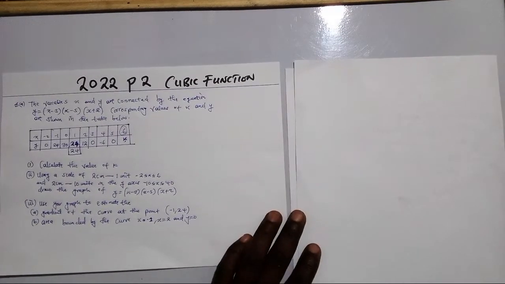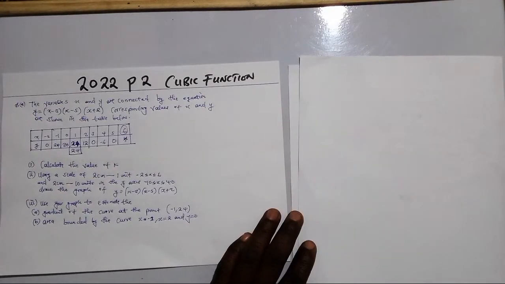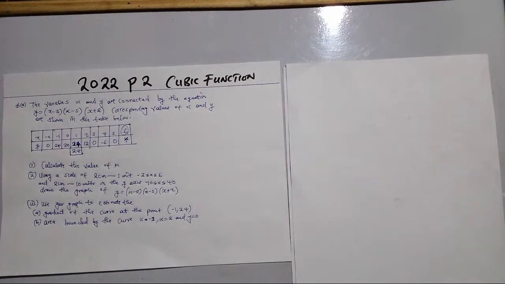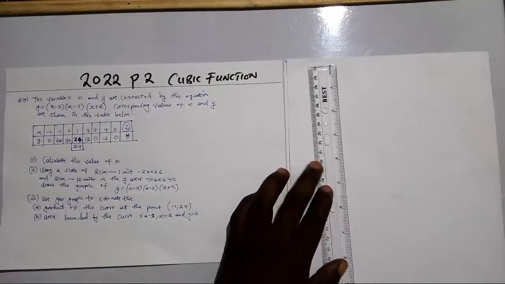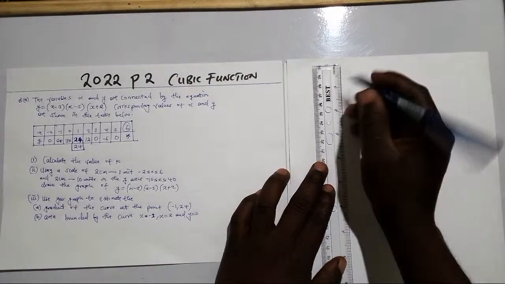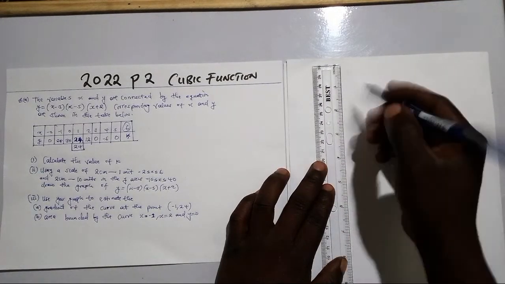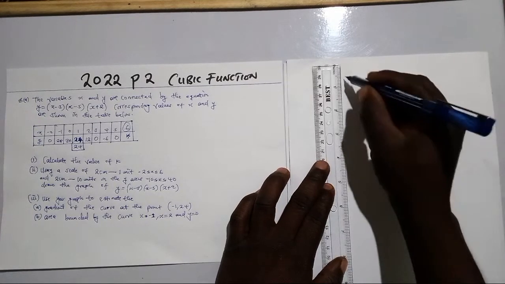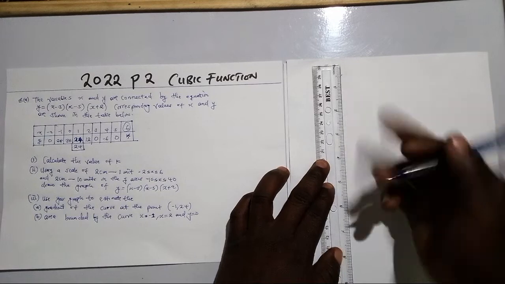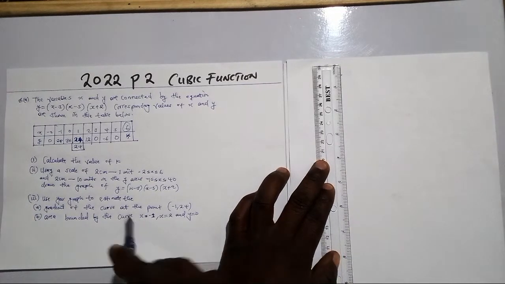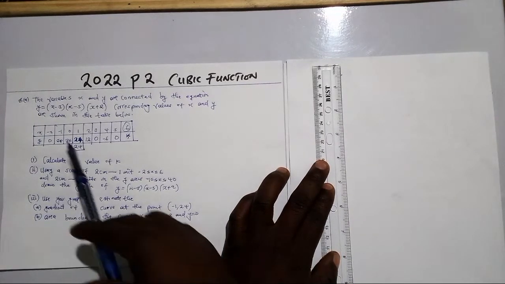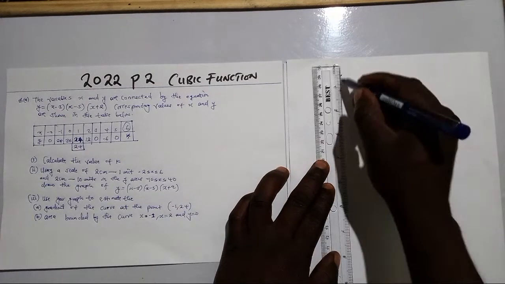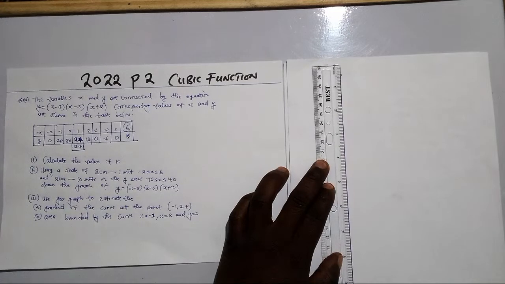So now let's try to draw the graph of this particular question, starting with the y. I don't have graph paper, that's why I'm using point paper, but you can use graph paper, because here I'm just showing you how you can plot these values on a graph.